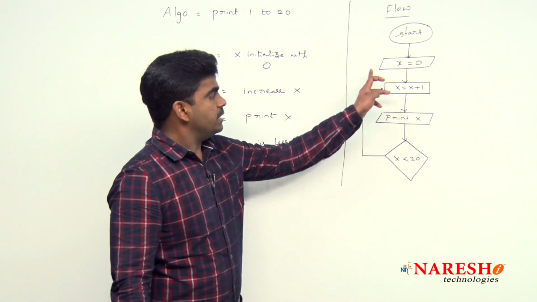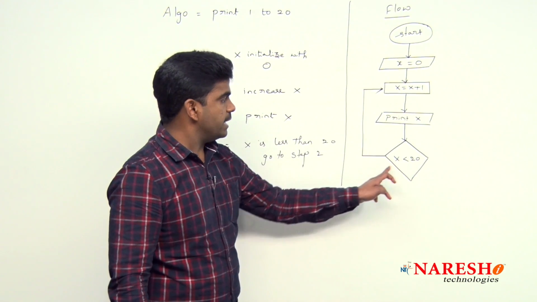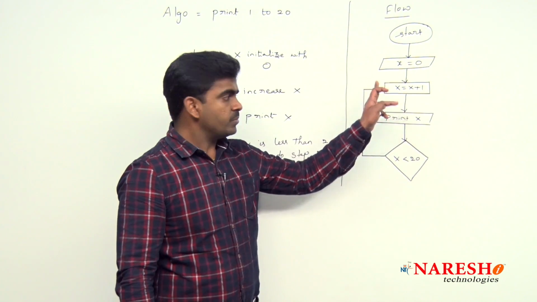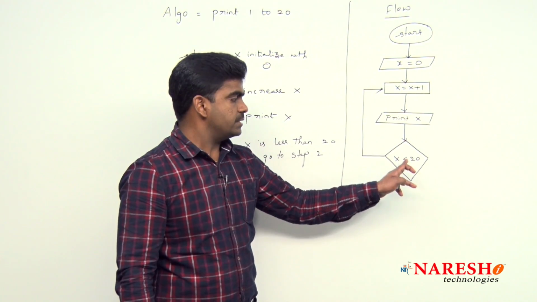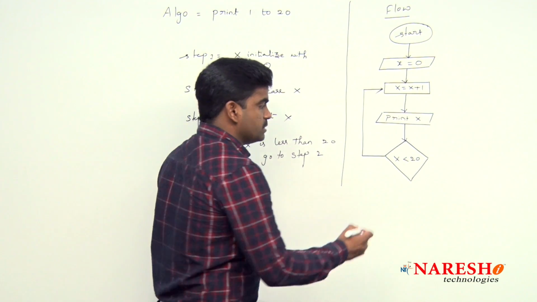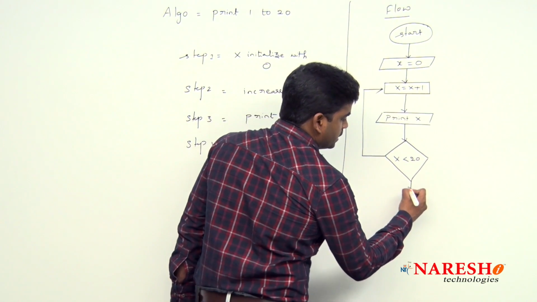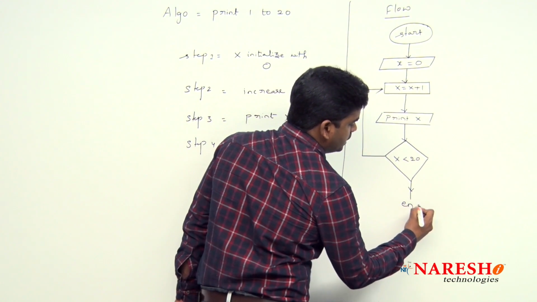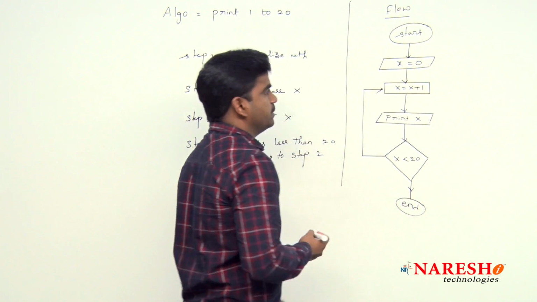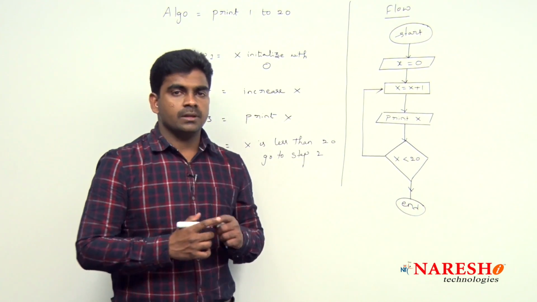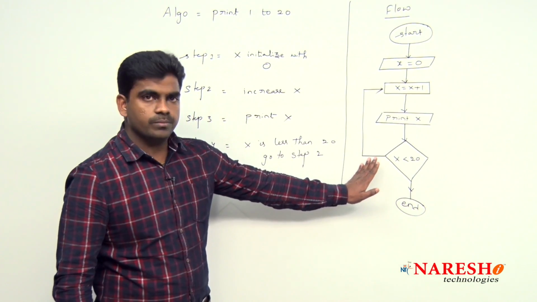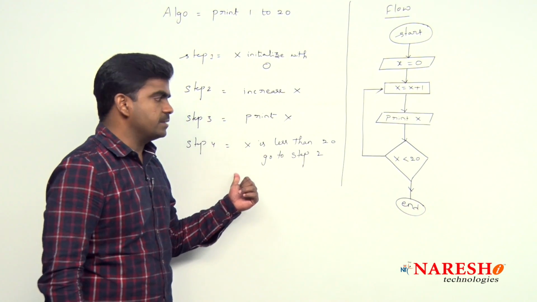So this is step 1 and this is step 2. After that, again the x value we should increase, print the x value, and again check the decision. Suppose the condition has failed, if it is equal to 20, then it will come to the terminal end. So this is the simple flow which is representing this algorithm.